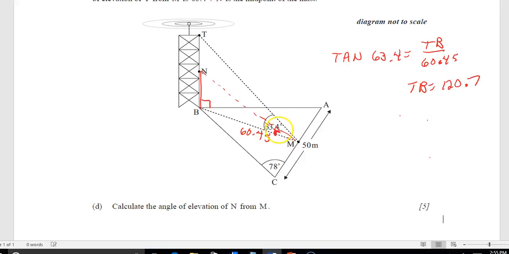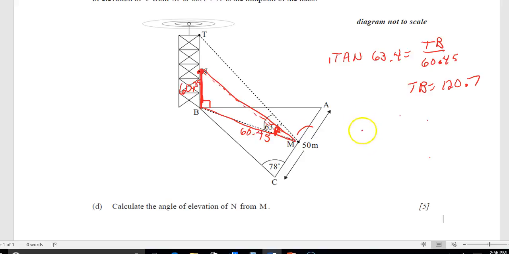But we're after that angle, that little angle down in the corner. So also given was that N is the midpoint. So from B to N, this little section is going to be half of TB. So just take that last answer, divide by 2, and you get 60.35. 60.35 for right there. Now focus on the red highlighted triangle. We're looking for the little angle down in the corner. We know 60.35, we know 60.45, very close numbers.